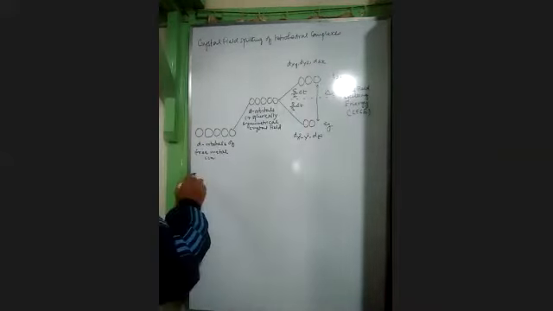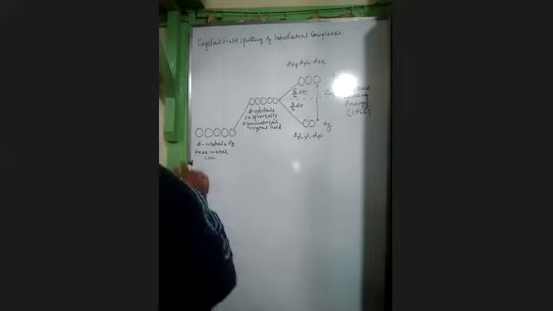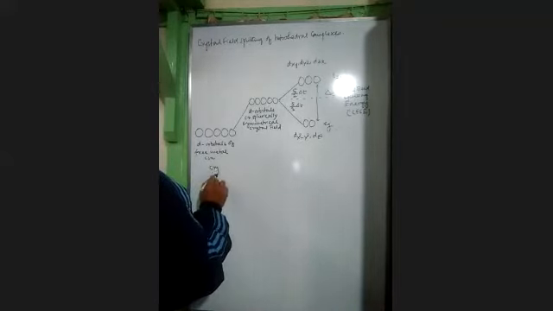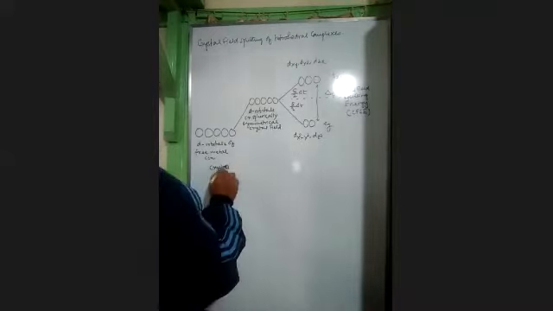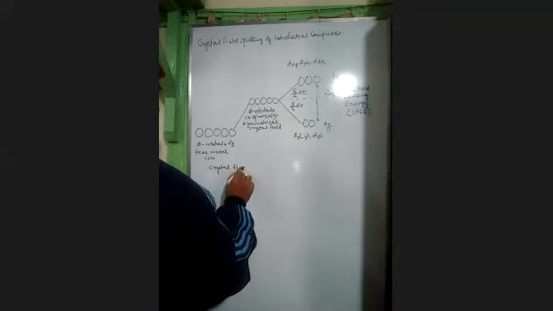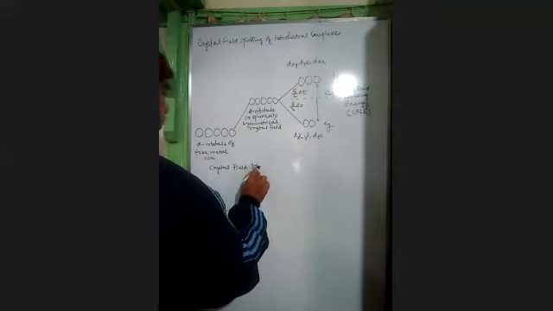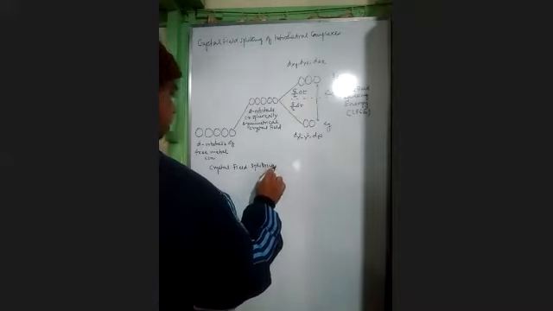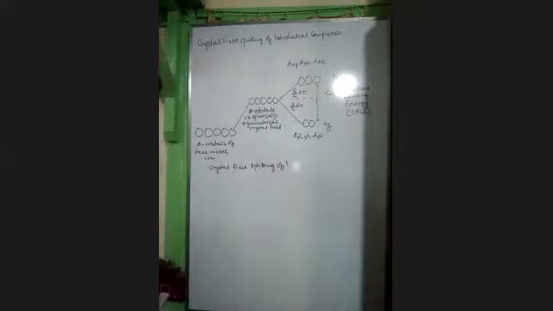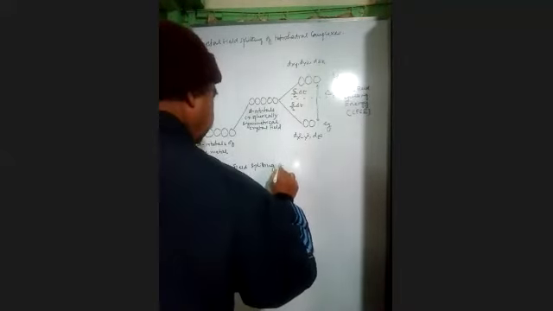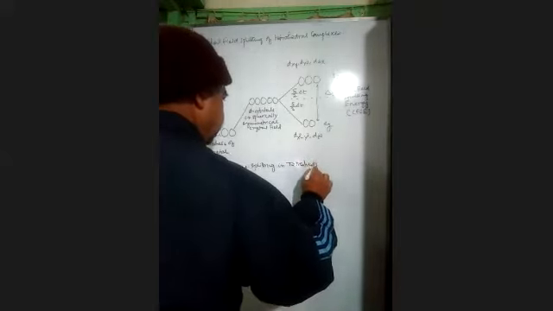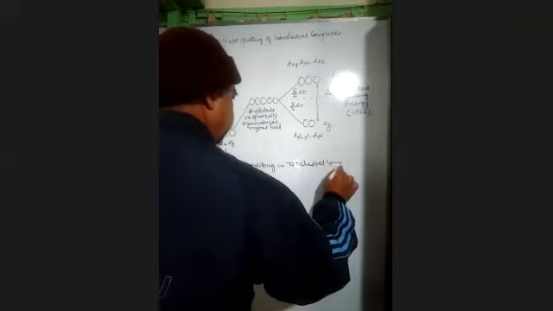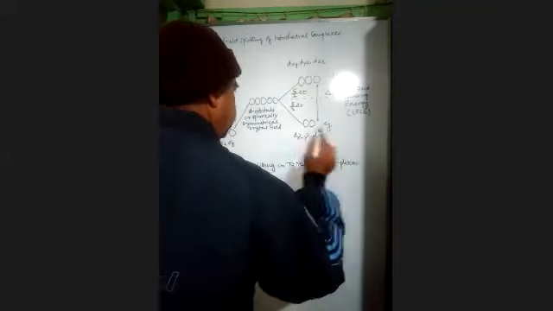Okay. What is the name of this figure? Crystal field splitting of d orbitals in tetrahedral complexes.